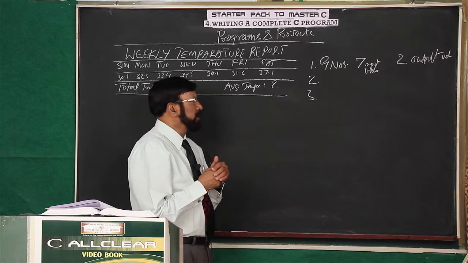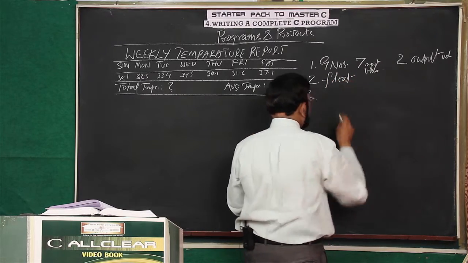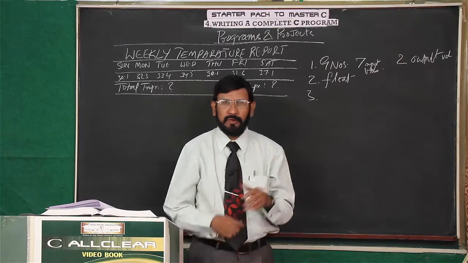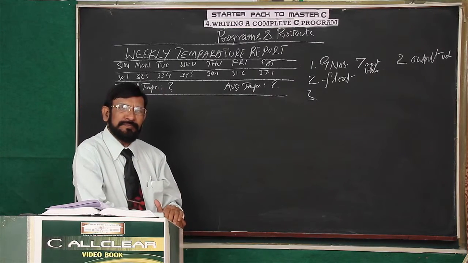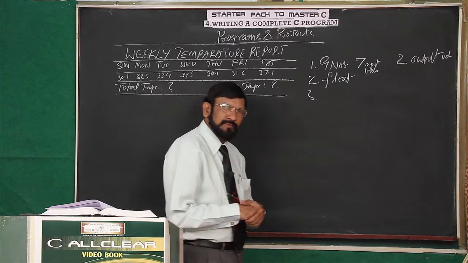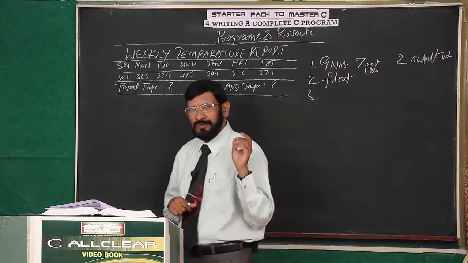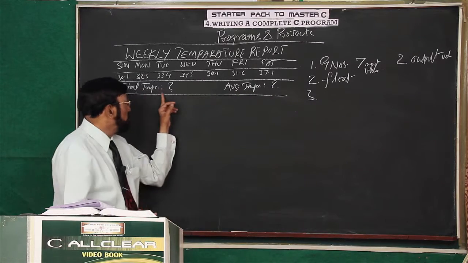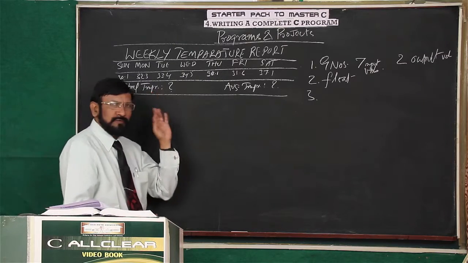That's why all 7 variables you first declare as float. And how are you finding the total temperature? Temperature 1 plus 2 plus 3 plus 4 plus 5 plus 6 plus 7. All are floats; float plus float is float. So total temperature also you have to declare as float.